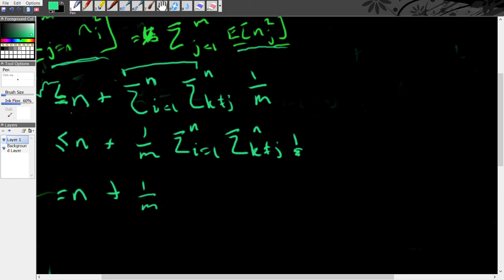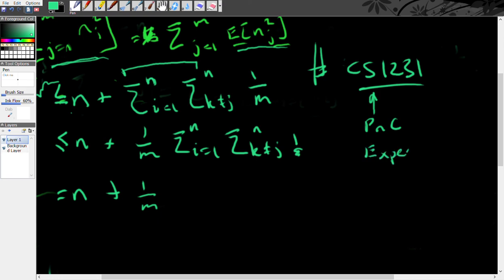So before I forget, here's a note. If you don't understand any of the math, like why I did combinations or why these summation things work, please go revise CS1231. I'm very sure the permutation and combination material was covered in 1231. I know for a fact that expectation was covered in 1231, and random variables like the geometric and the Bernoulli.